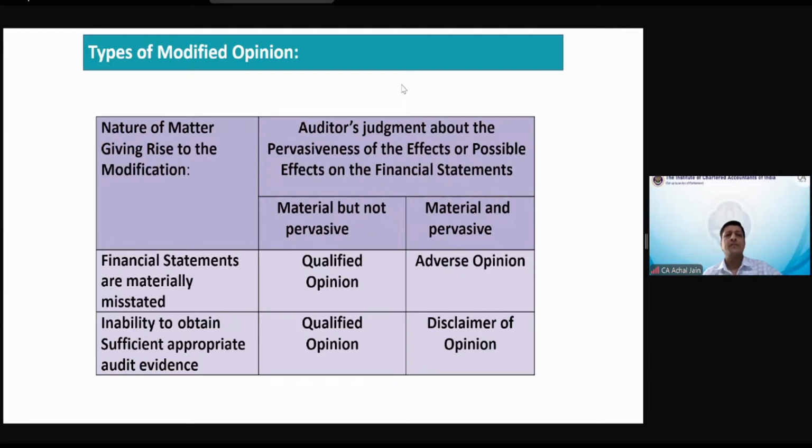First situation is wherein the auditor has obtained the required information.